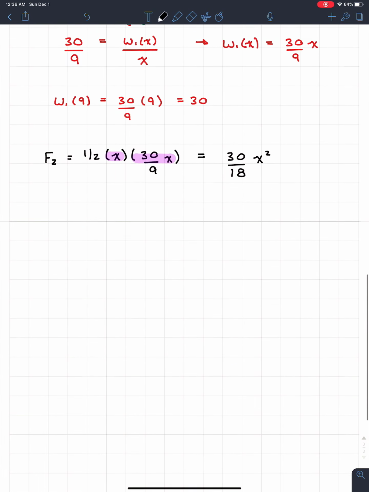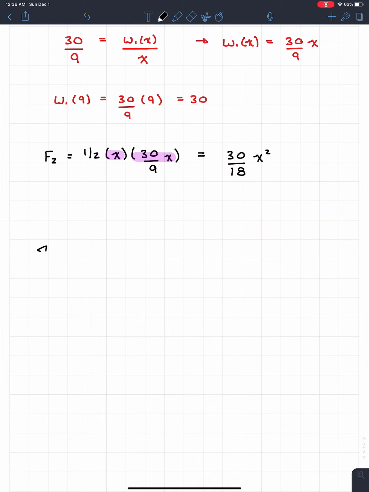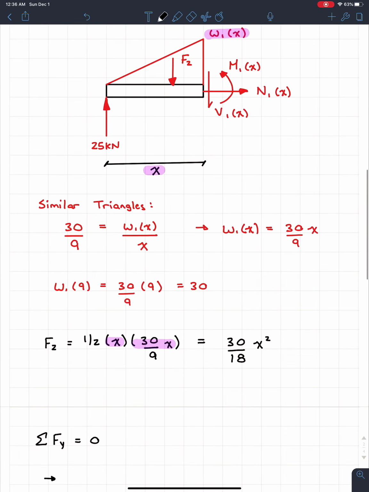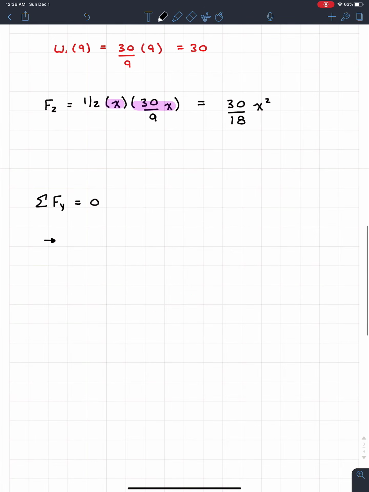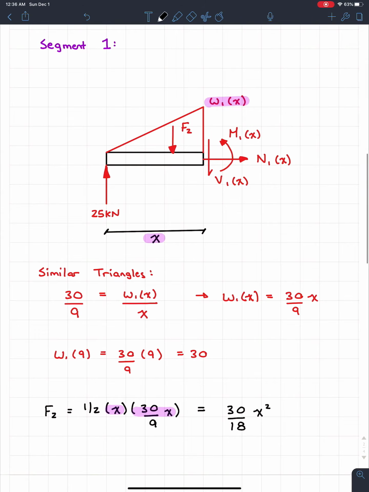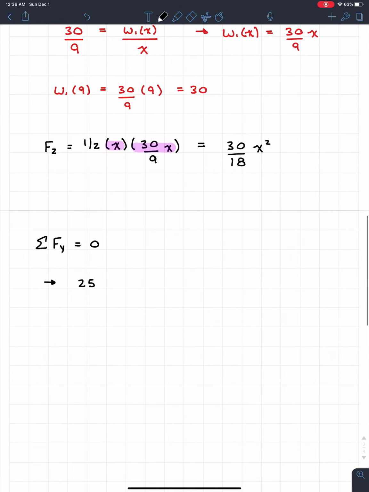So if we do the sum of the forces in Y equals 0, just like before, using simple equilibrium, we look for all the forces in Y. On the left side, we have 25 kilonewtons going up. We have F2 coming down, and we know that F2 is equal to 30 over 18 x squared.